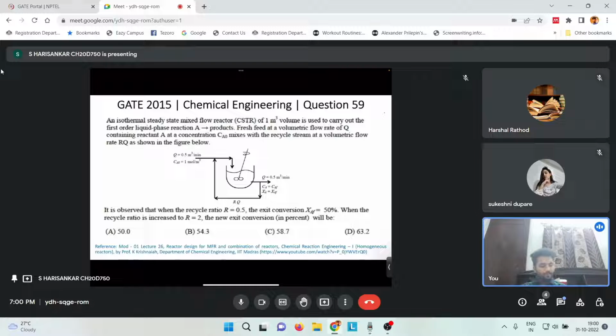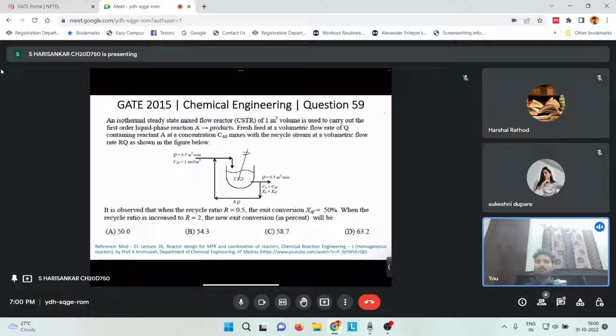It is observed that when the recycle ratio R is equal to 0.5, the exit conversion XAF is equal to 50%. When the recycle ratio is increased to R is equal to 2, then the new exit conversion in percent will be option A 50%, option B 54.3, option C 58.7, and option D 63.2.